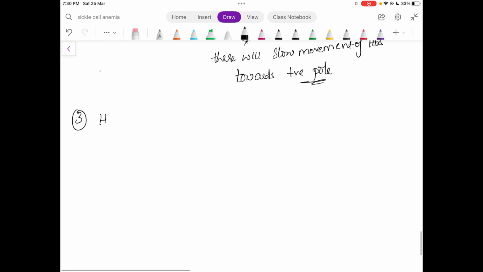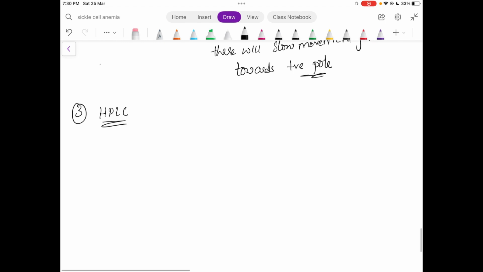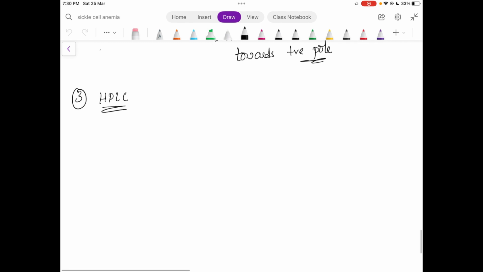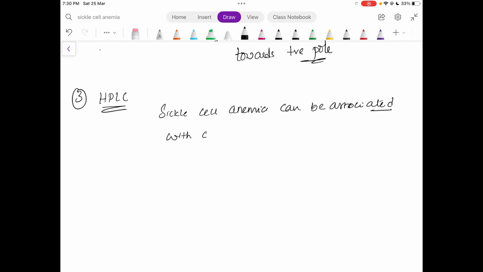And the other investigation which we will do is the HPLC method. In this HPLC method, different types of hemoglobins are separated, and sickle cell anemia can be associated with other abnormal hemoglobins.